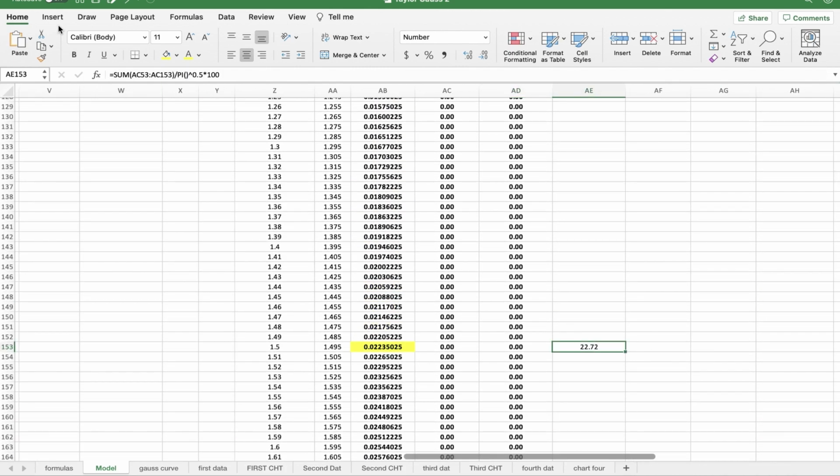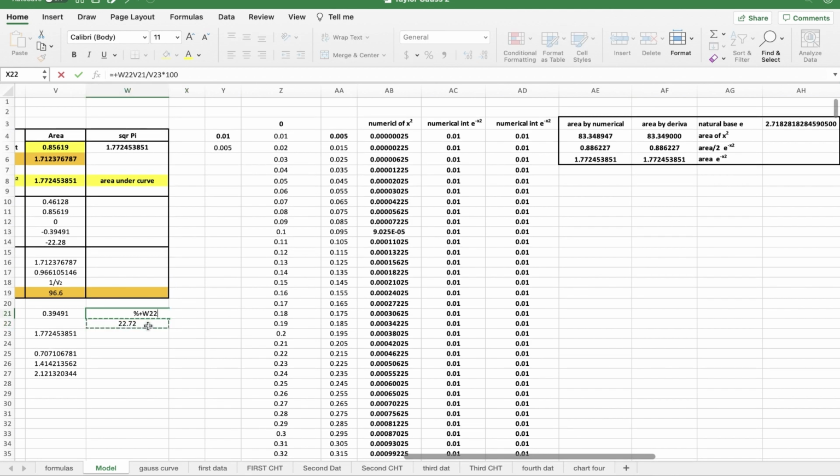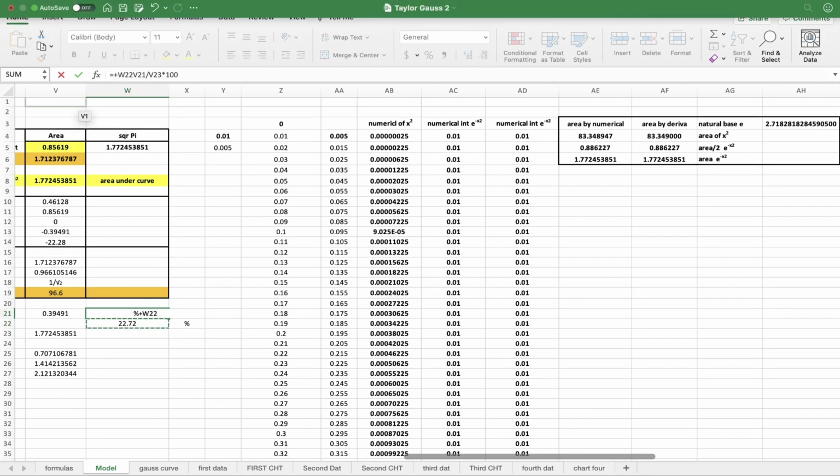Let's cut and paste it up here so that we can do a little comparison. So you see here how close we've got the solution.